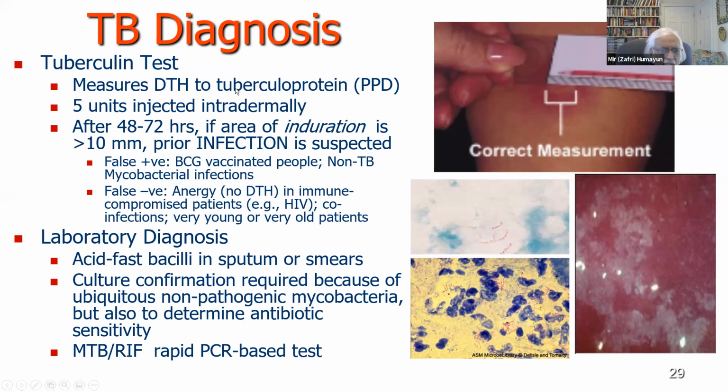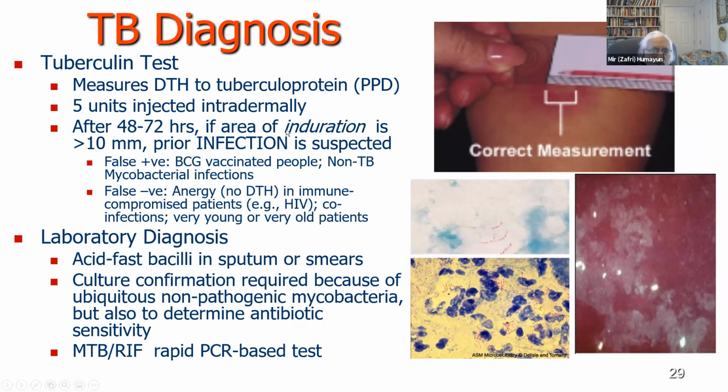The protein is given various names, tuberculoprotein or PPD or purified protein derivative, and tuberculin, etc. Basically, a certain standardized amount is injected into the forearm, and observation is made 2 to 3 days later, looking for an area of induration. Area of induration means a hard elevated area at the site of the injection.